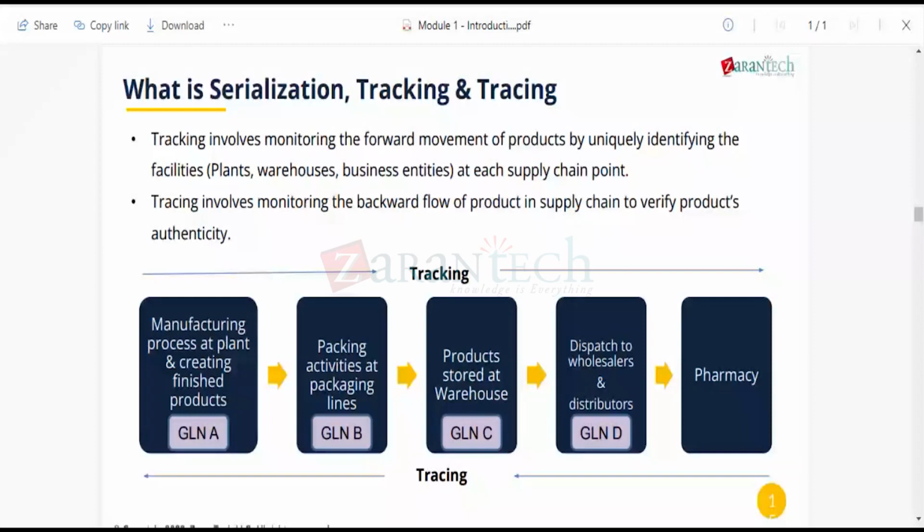If you do that, then there is no point of serialization. So only the top level SSCC, or pallet, can have a varying serial number, and I will show you how it actually happens. Yeah, understood. You are going in the right direction. Correct.